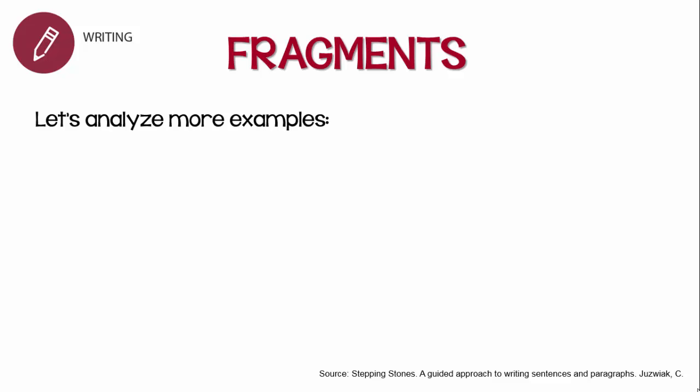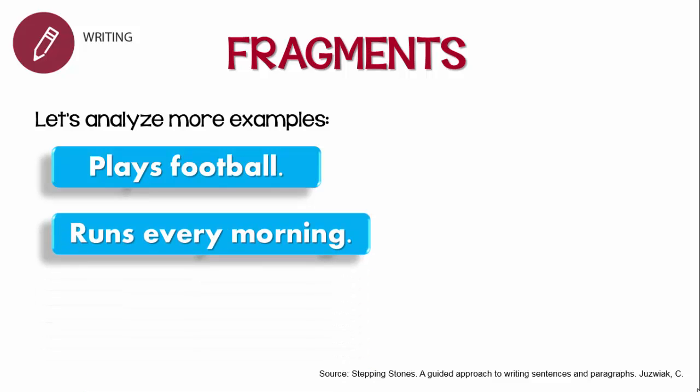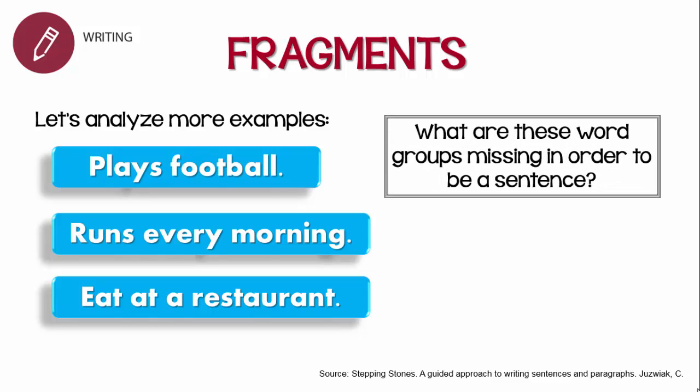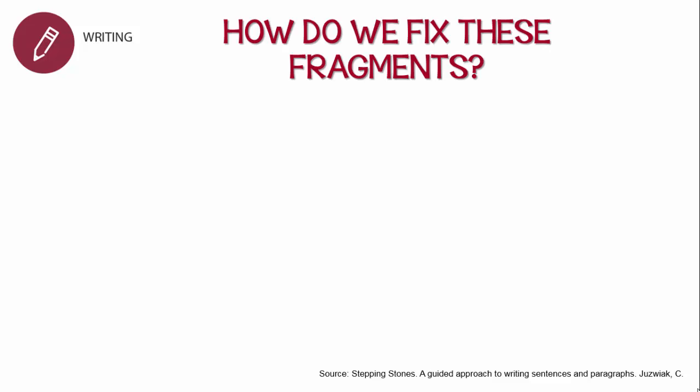Now let's look at another example. Plays football. Runs every morning. Eat at a restaurant. What are these word groups missing in order to be sentences? The subject. How do we fix these fragments? It's easy, we just add a subject.